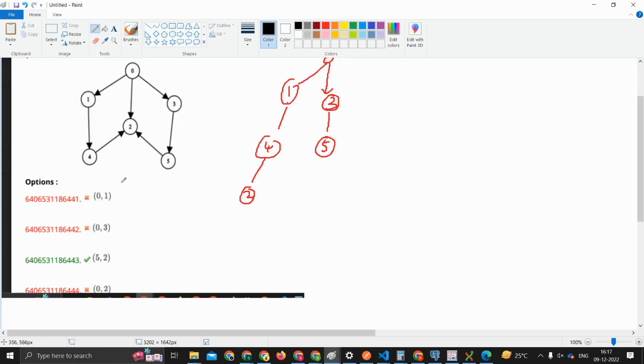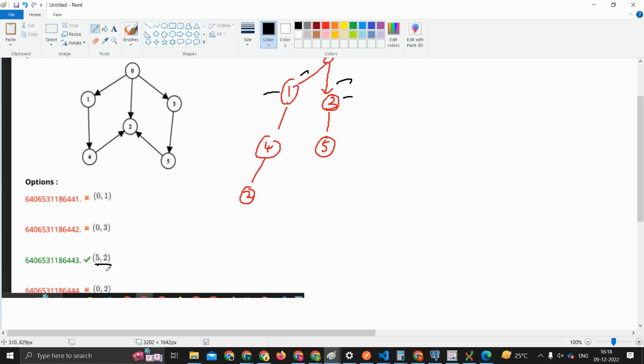So we have to check the edges, which is a cross edge. 0 1 is not a cross edge since it's present in the tree, and 0 3 is also present in the tree. And for 5 2, so 5 2 is a cross edge.